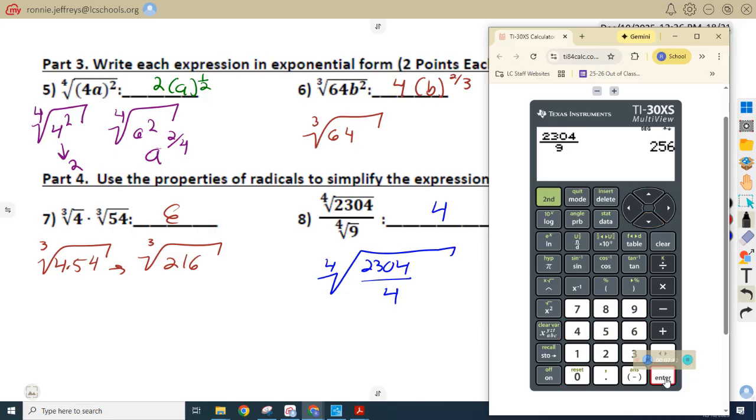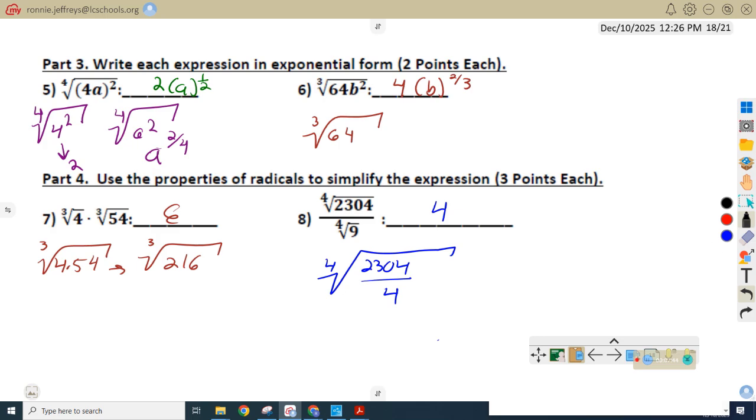Yes, I don't know why I keep on writing 4. It's supposed to be a 9. So this becomes 256. So if we take the cube root or 4th root of 256, that's what we get. Okay.